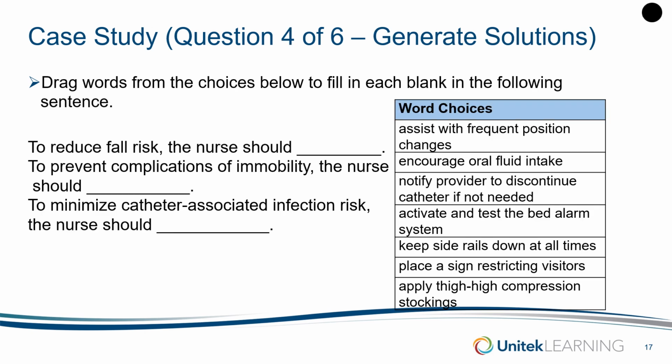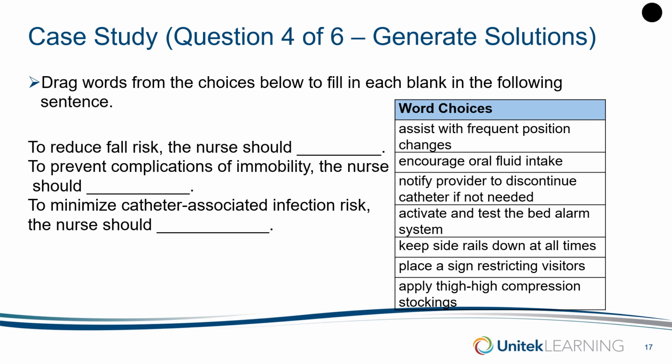Question number 4 is always all about generating solutions. So question number 1, recognize cues, and then you analyze cues, and then you generate hypothesis or come up with what might be wrong. Now, what am I going to do about it? So you're going to generate those solutions. In this particular question, it's a fill in the blank.